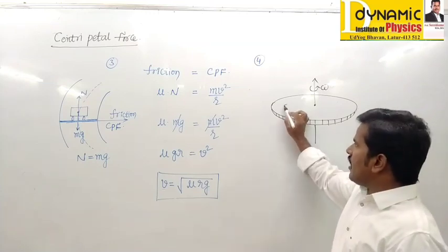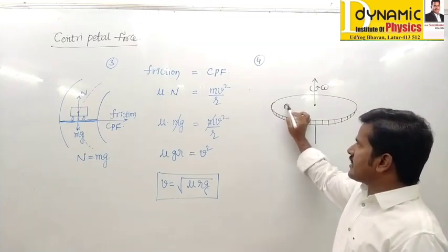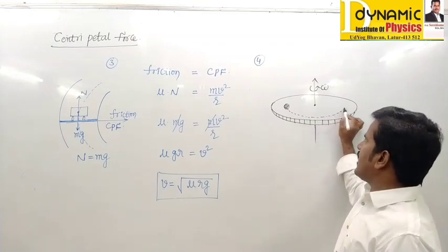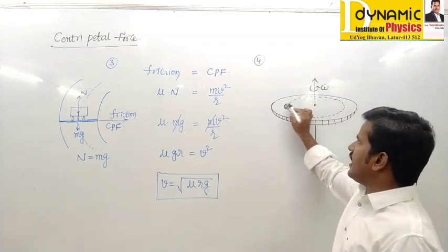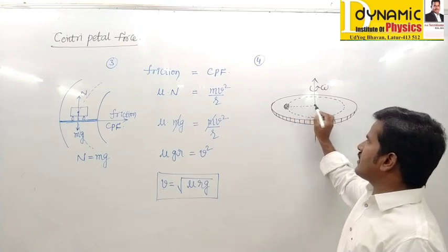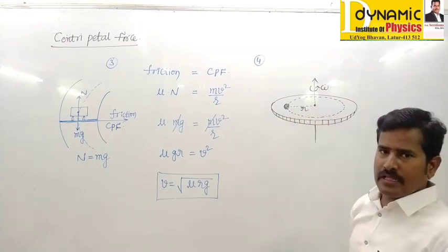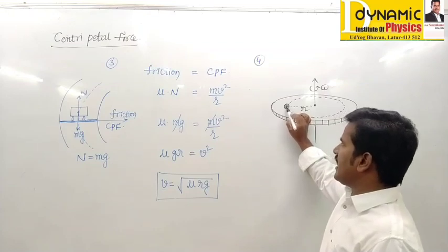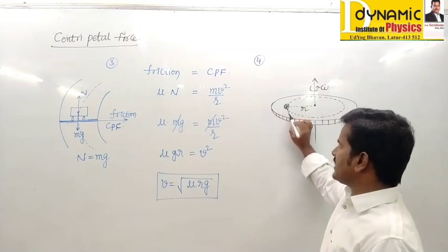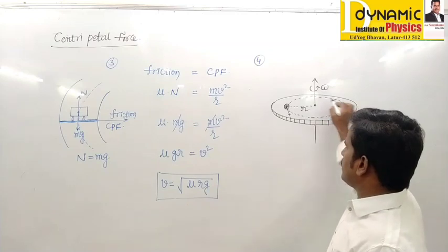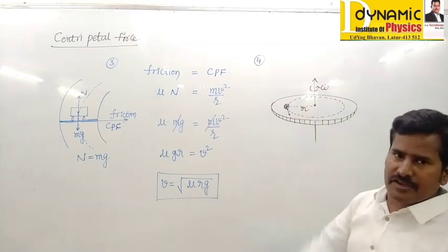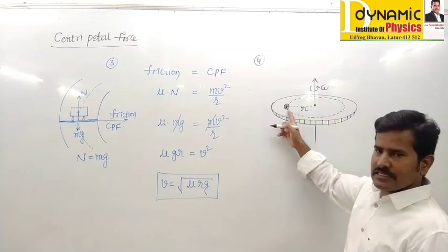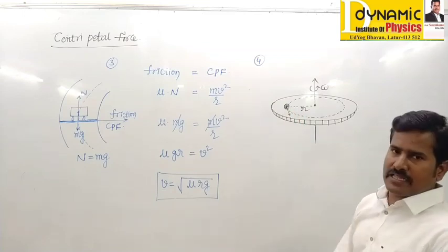The coin on this rotating disc rotates in a circular path of radius r. Then what is the maximum velocity with which this coin revolves in this circular path? If the velocity is more than that, the coin leaves the circular path.